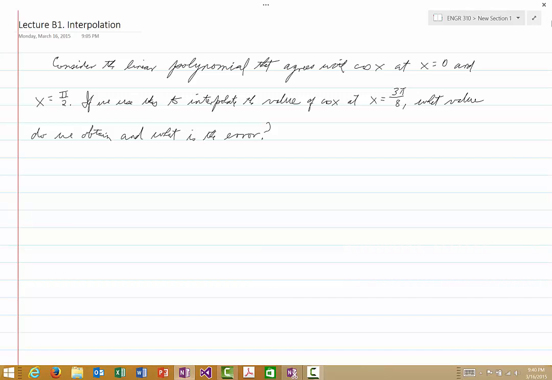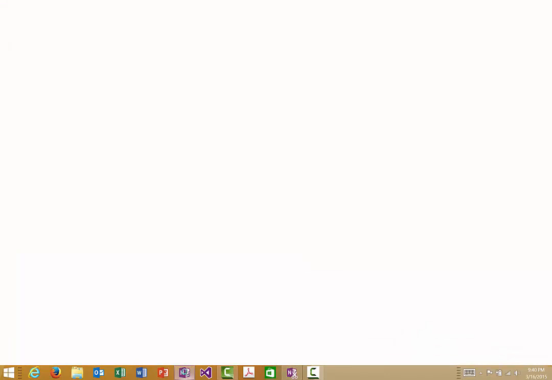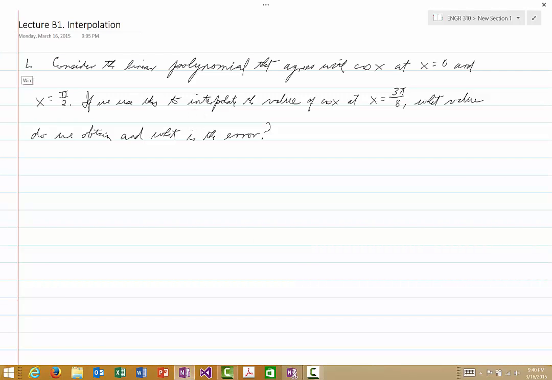Okay, so the first example, I'll call this EX1. So this is example 1, and it says consider the linear polynomial that agrees with cosine x at x equals 0 and x equals pi over 2.